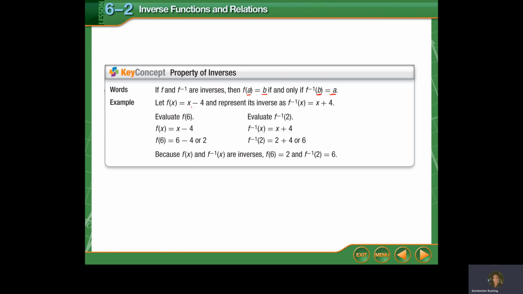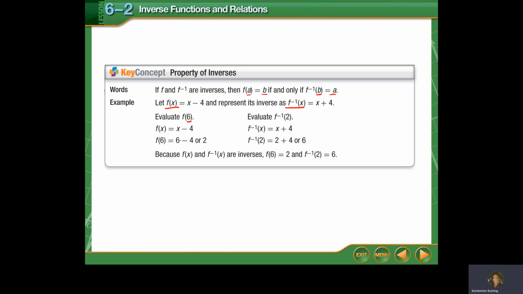Okay, so look at the example. It says let f(x) equals x minus 4 and represent its inverse as f inverse of x equals x plus 4. So we have the function f and its inverse. Now, they want me to find f(6).